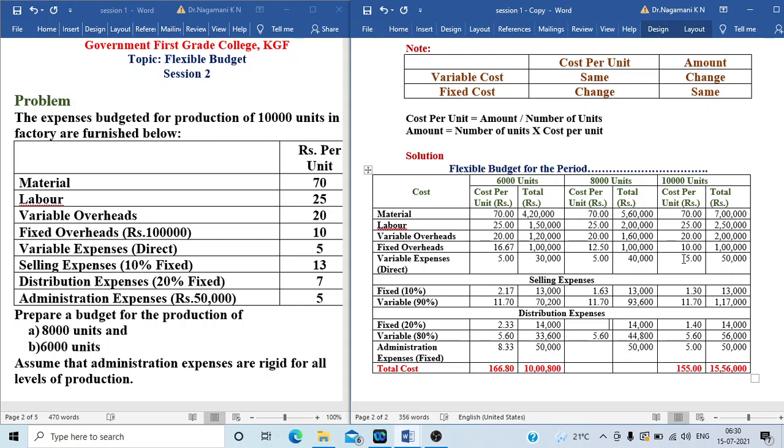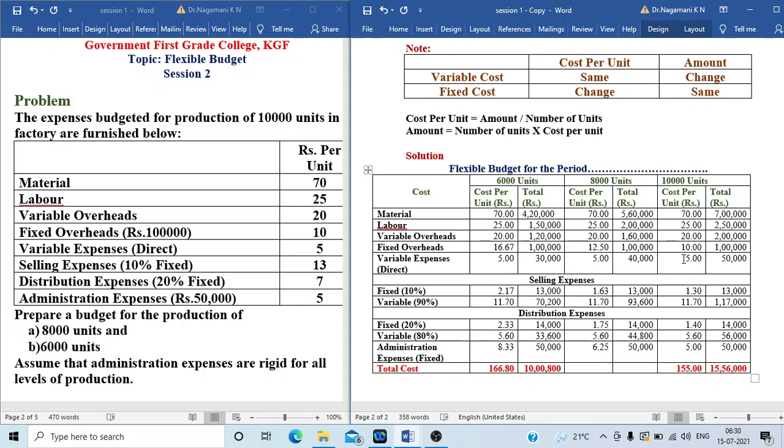Then under distribution expenses, fixed cost amount is 14,000 divided by 8,000 is 1.75. Next, administration expenses, 50,000 amount is there divided by 8,000 is 6.25.